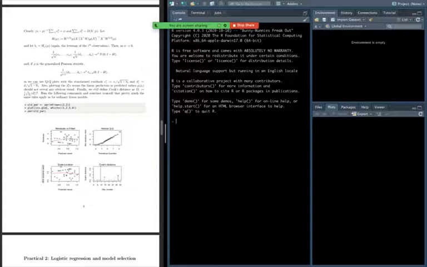I guess the point here is that we cannot use the raw residuals anymore, because in a generalized linear model, they will not have constant variance, right? And having constant variance is precisely the key to having these diagnostic plots, right?